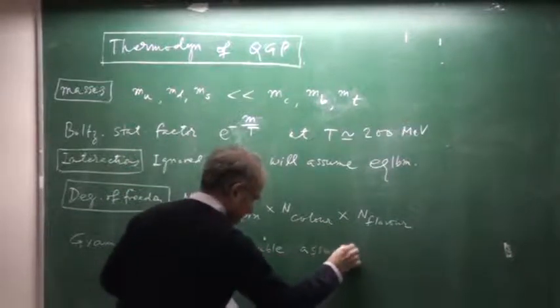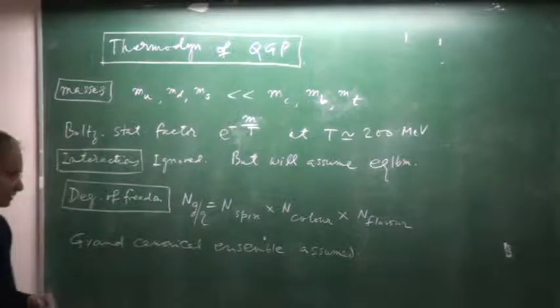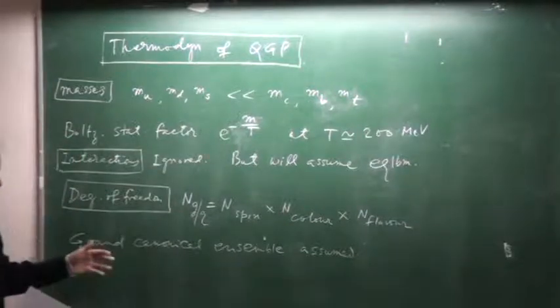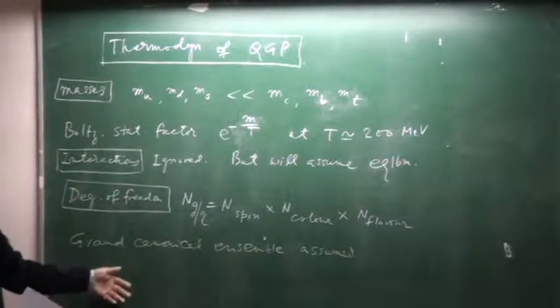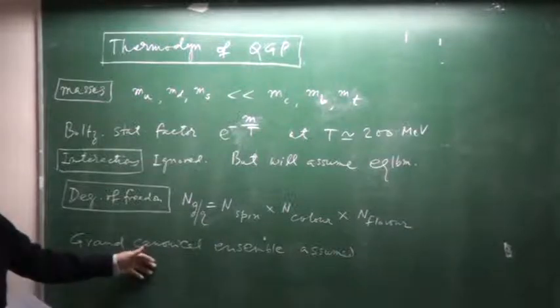We're going to assume the grand canonical ensemble. So the quantities that I'm going to present are ensemble averages, energy density or number density, etc.